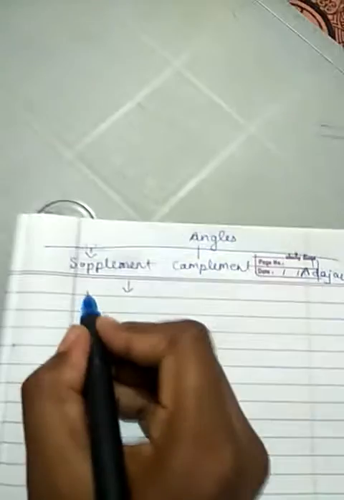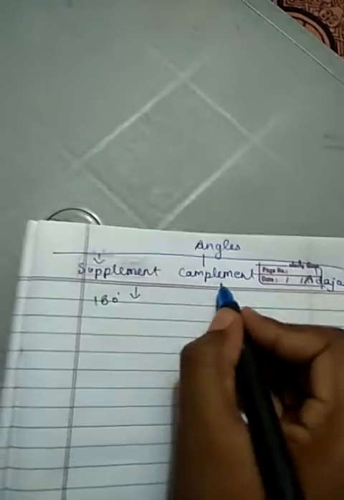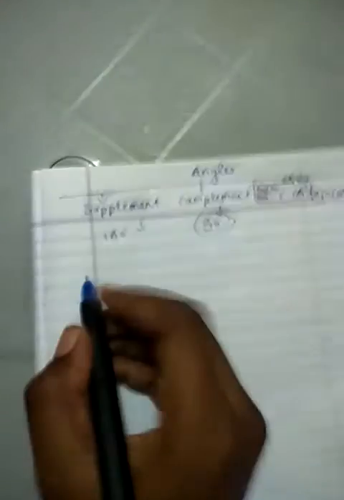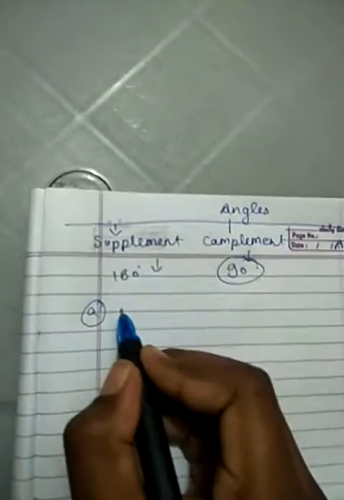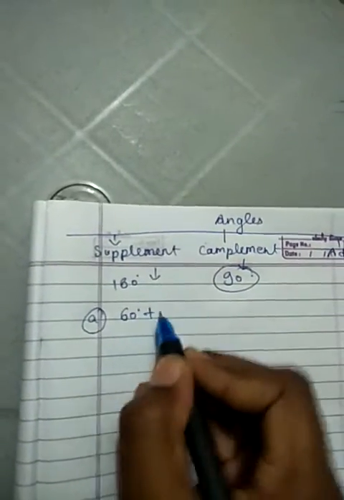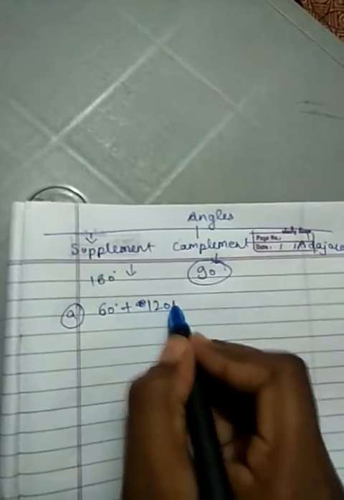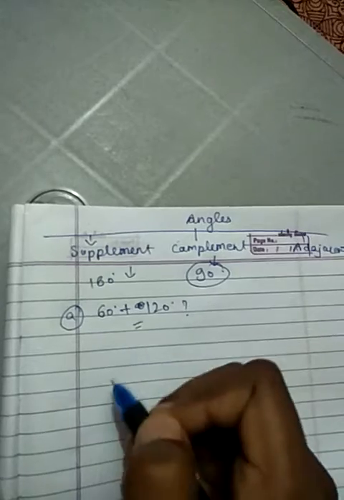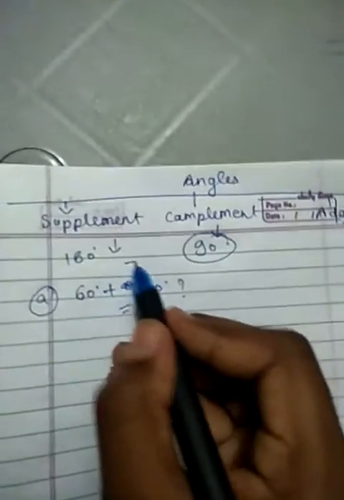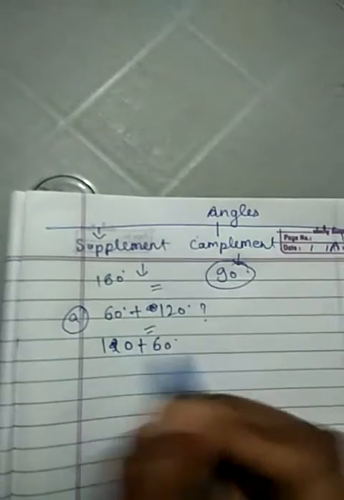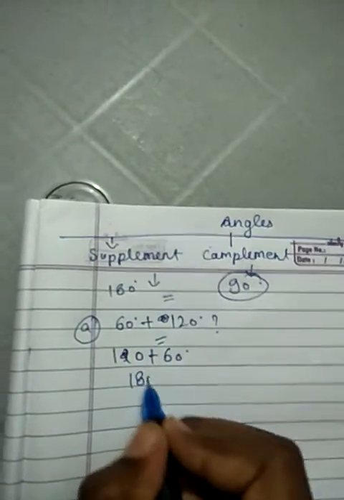So in supplementary, the measure of the angle is 180 degree, and in complementary, the measure of the angle is 90 degree. Suppose 60 plus 120. It is complementary or not? So first you will sum it. 120 plus 60. 120 plus 60 is equal to 180 degree.